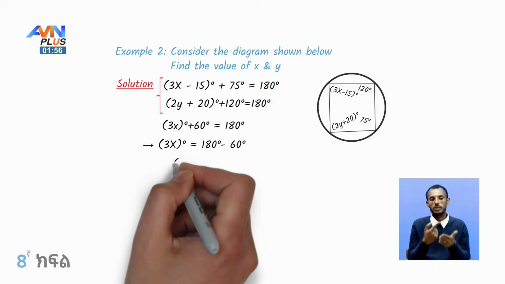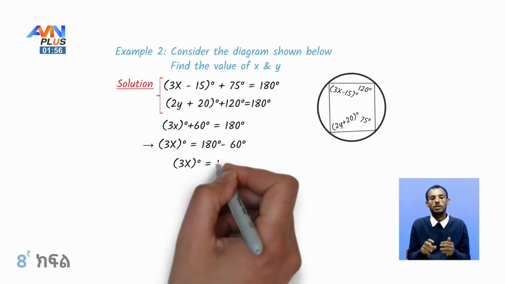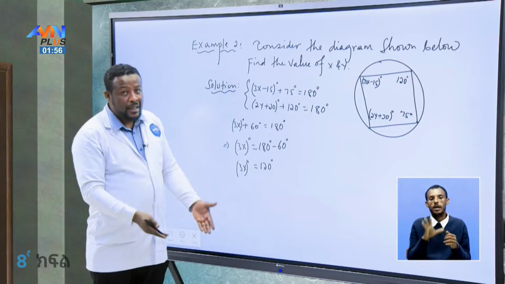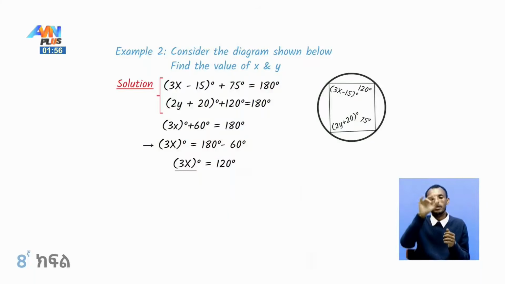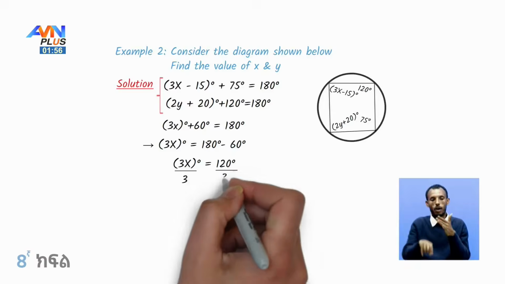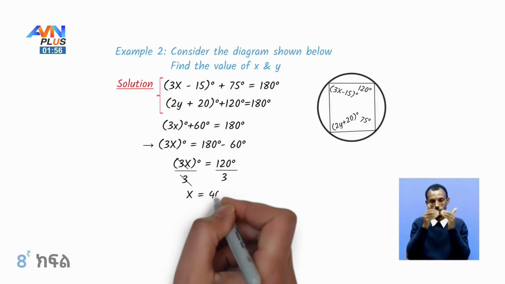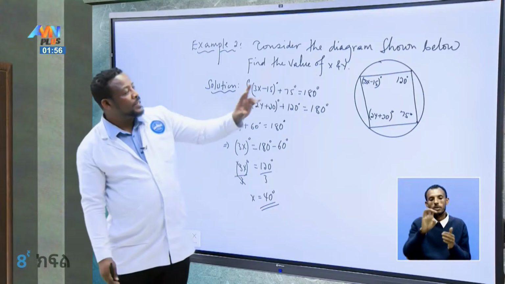This difference gives us 120 degrees, right? So 3x is equal to 120 degrees. The last step is dividing both sides by 3. Then x becomes 40 degrees. This is the answer for x.